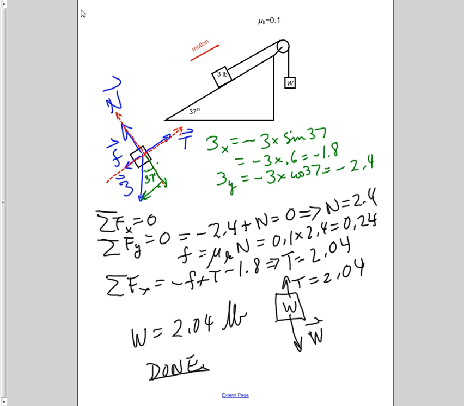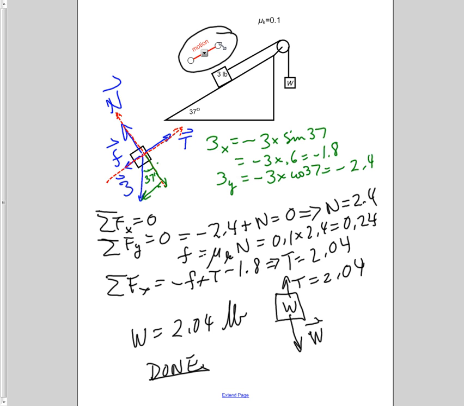Okay? All right. So I'll leave a little exercise for you. The little exercise is as follows. Take this and make the motion go in the opposite direction.